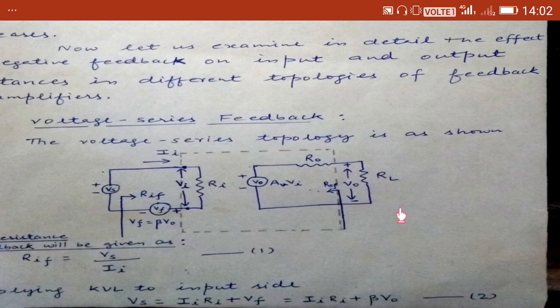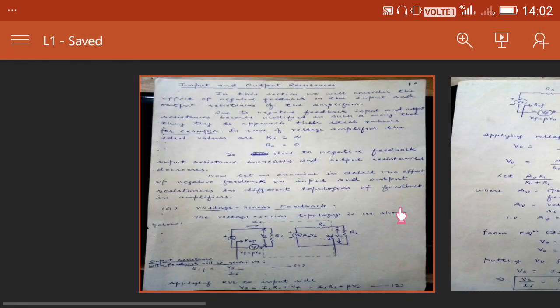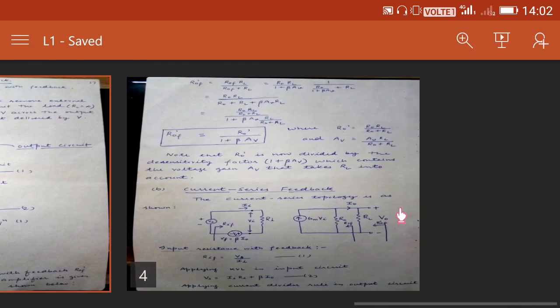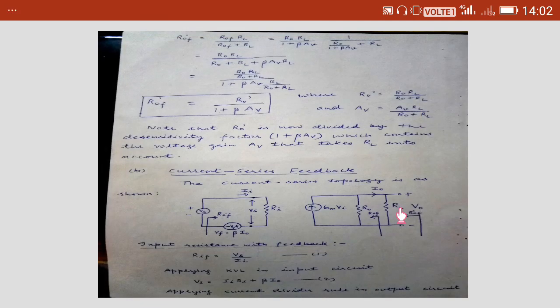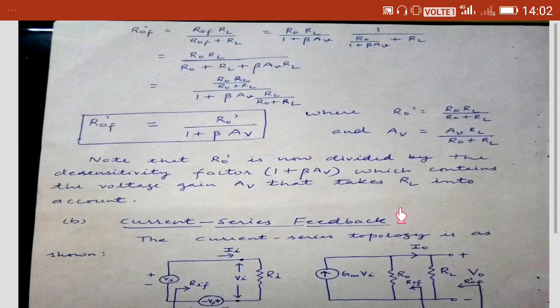Okay, it is simple. So let's go back to our derivation. ROF dash is basically the parallel combination of ROF and RL. Okay, so this is the derivation of ROF dash. We have to do some simple manipulation, and after that we will find this expression.